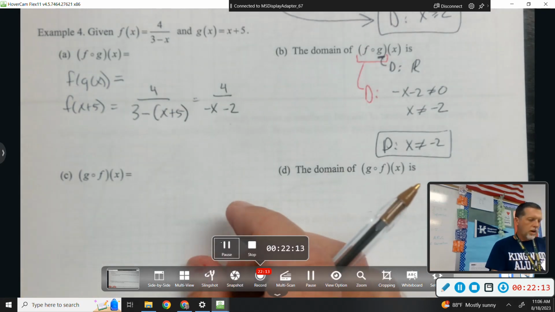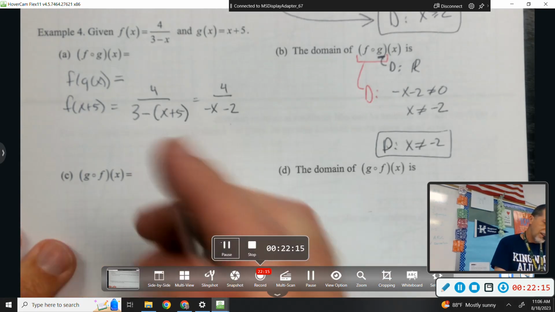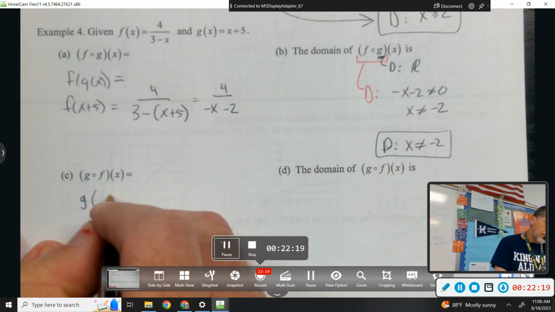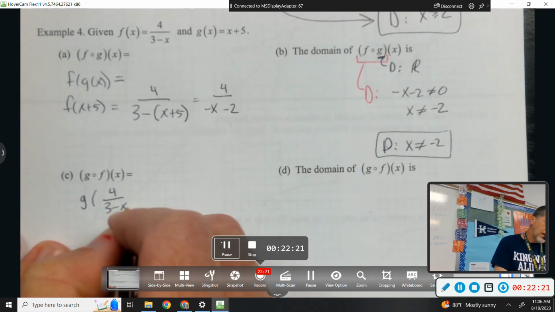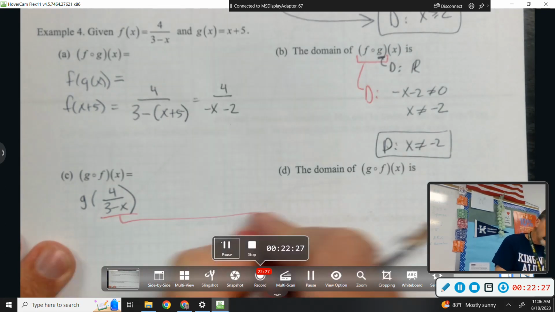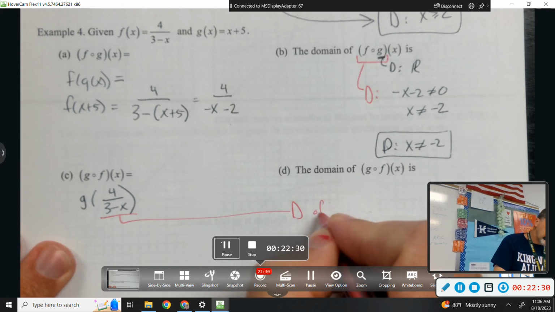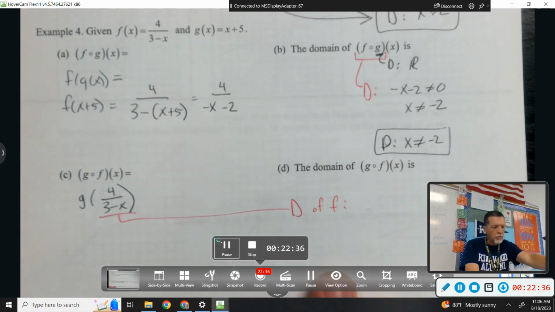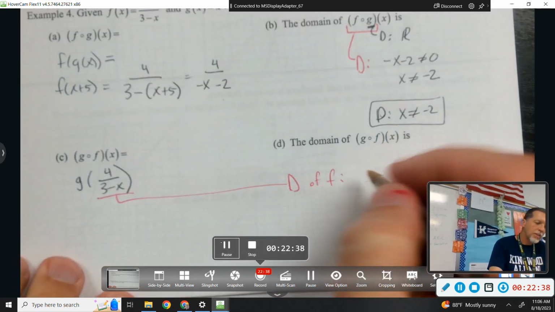All right, g of f of x. G of 4 over 3 minus x. And you could think about the inside right here before you do anything, if you want to do them both at the same time, like work the problem in parallel. So x can't be 3.